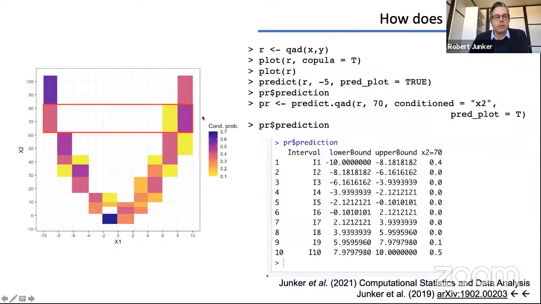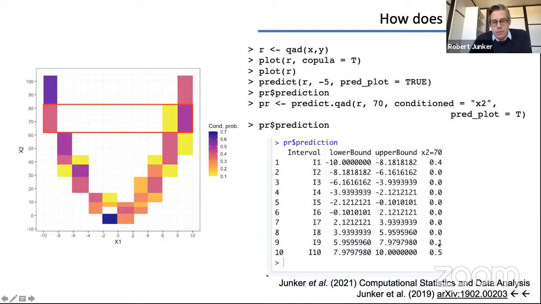So here a regression type prediction would predict a value somewhere in between. And random forest would predict either side. So either it would predict X1 to be here, or it would predict X1 to be here. But none of these answers would be correct, because we see it could be on both sides. And accordingly, our output tells us, okay, there is a 40% chance that X1 is between -10 and -8.